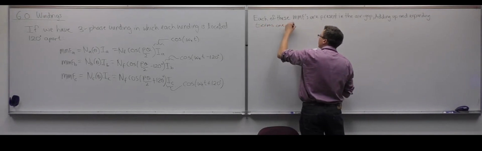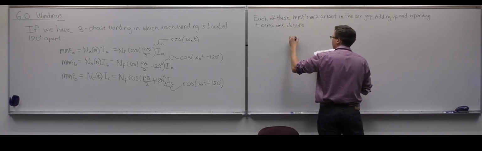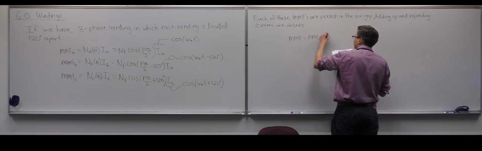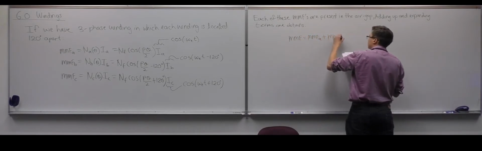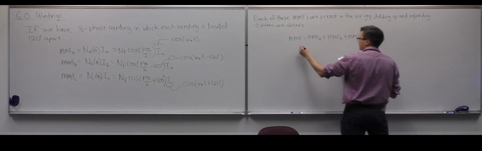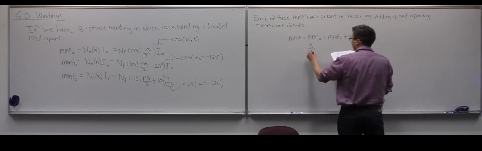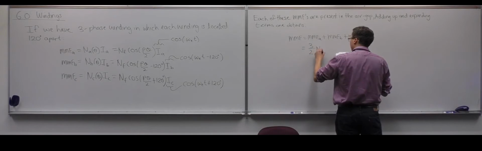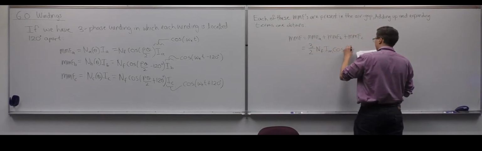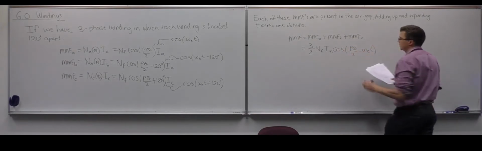One obtains MMF equal to MMF due to phase A plus MMF due to phase B plus MMF due to phase C. And if you do the math, which I will skip, but I'll show a simulation on the computer, we get this out here.